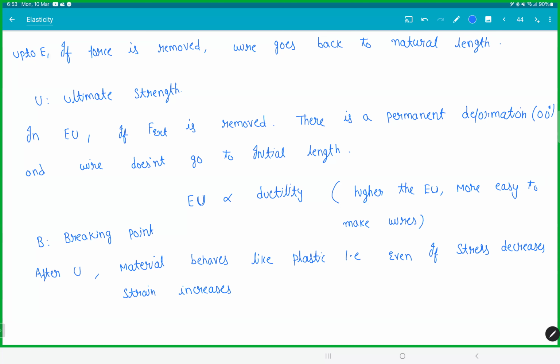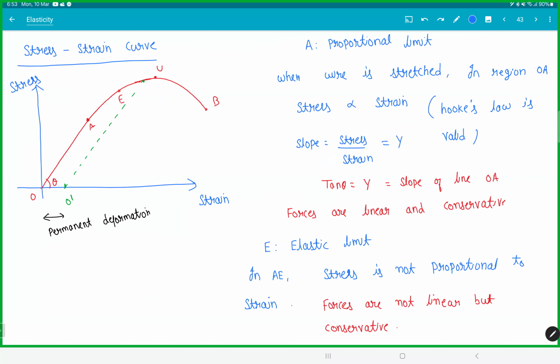Strain increases and finally breaks at B. So whenever you operate any material, you want to operate within the OA region. Clear with this? This is the whole story of this thing. Clear, everyone?